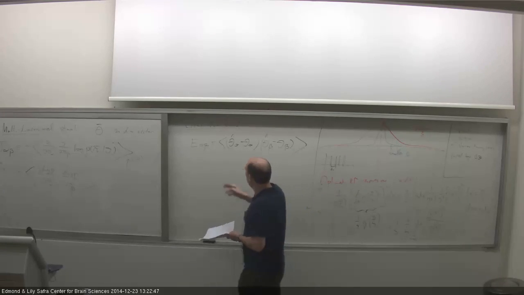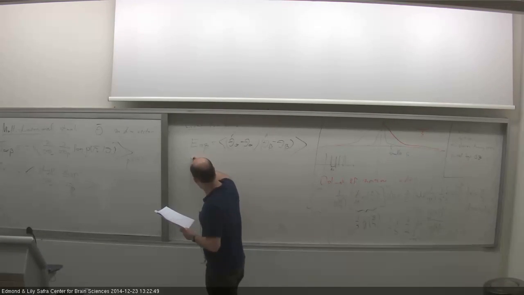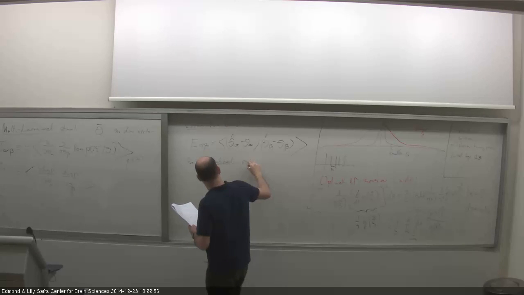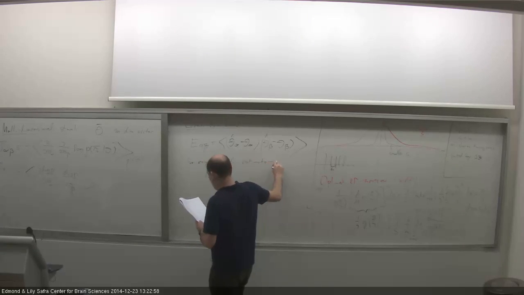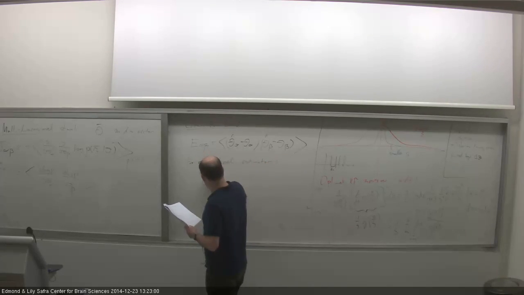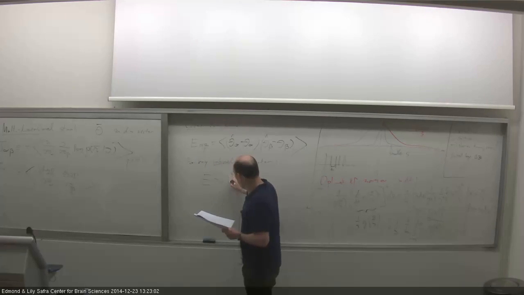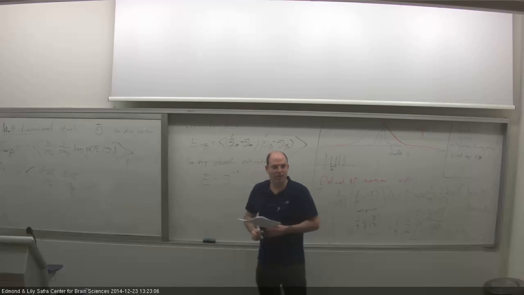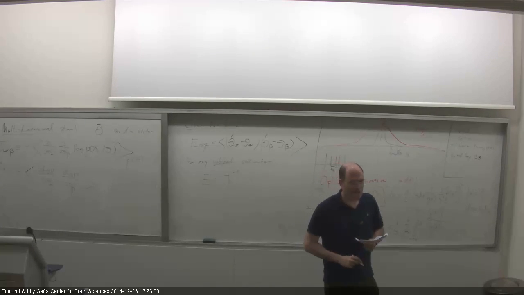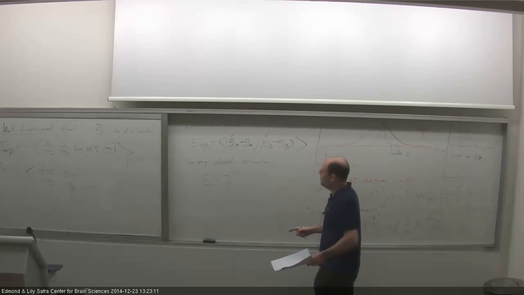And the Cramér-Rao bound tells us that for any unbiased estimator, E minus J to the minus 1 is, okay, I would want to say positive, but E is a matrix.